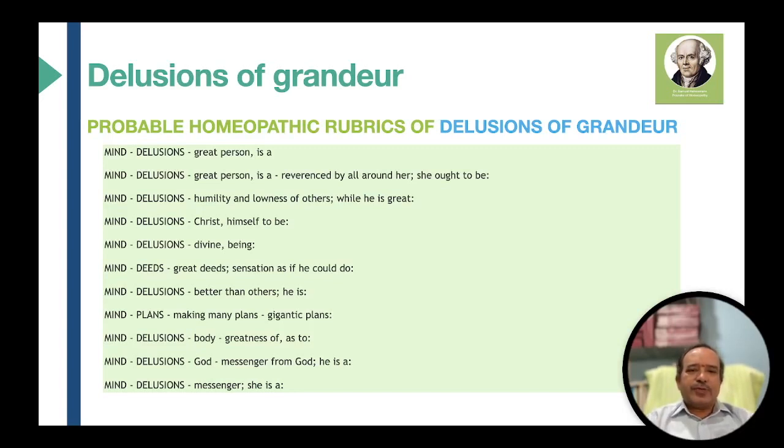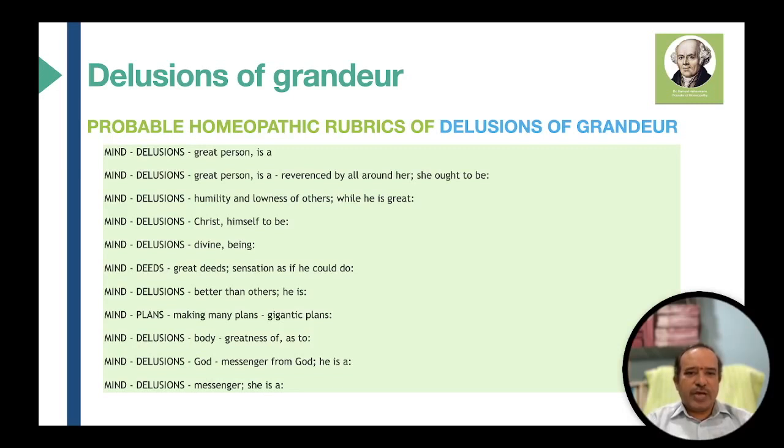The probable homeopathic rubrics of delusions of grandeur are: Delusions, he is a great person. Delusions, she ought to be reverenced by all around her. Delusions, while he is great, humility and lowness of others. Delusions, himself to be Christ.